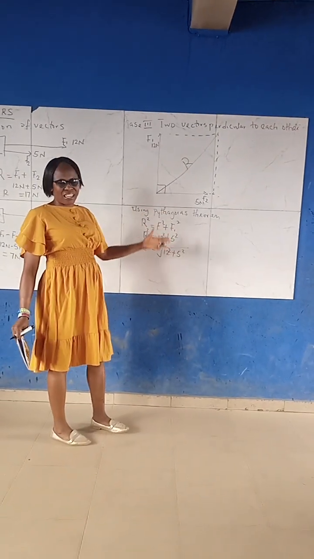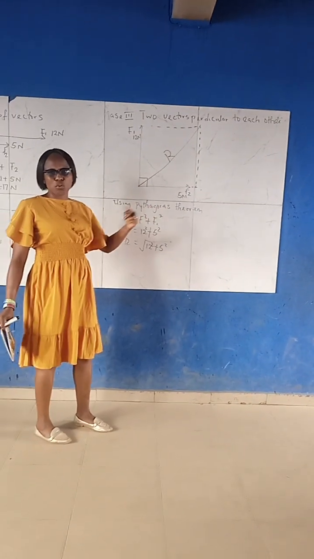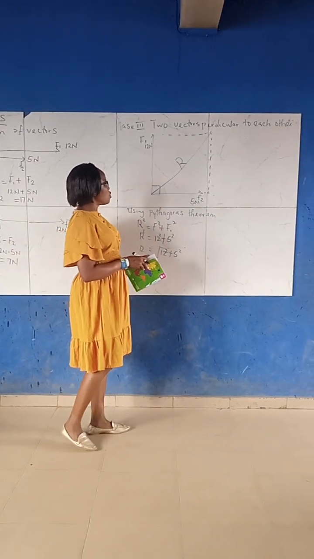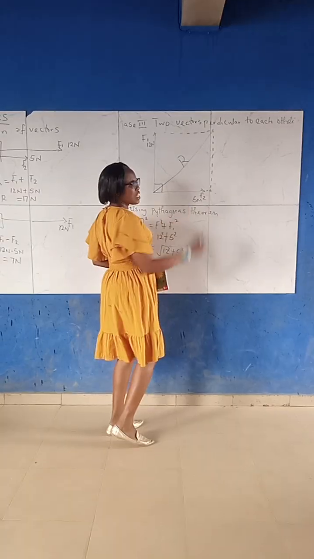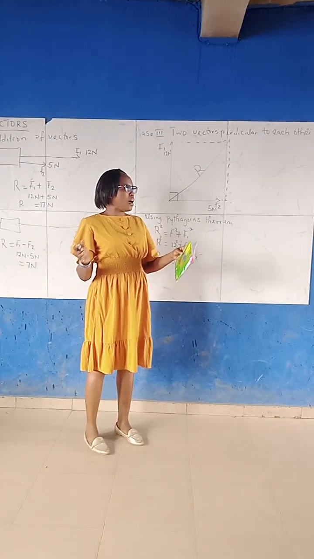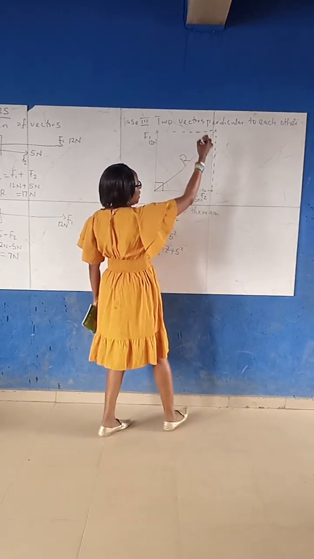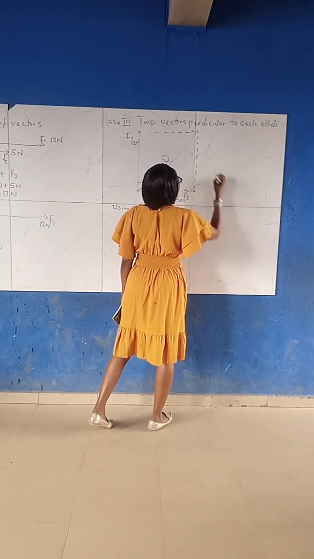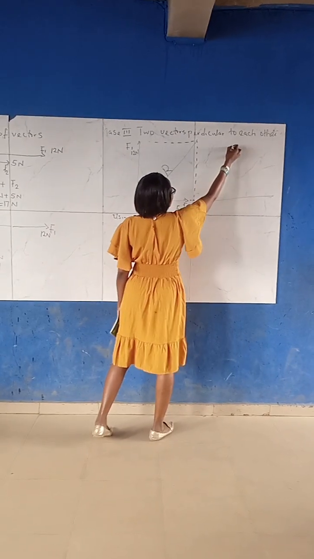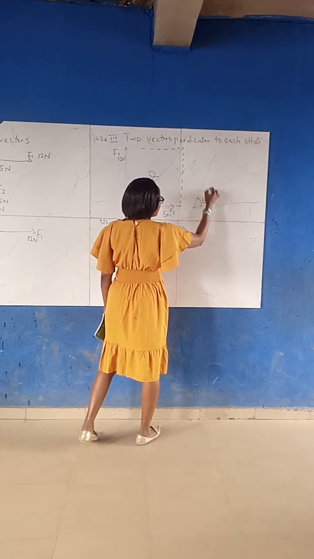Now, we have another case when you have two vectors at an acute angle to one another. Acute angles are angles between 0 and 90 degrees. Now, let's assume we have this vector at an angle of 55 degrees.